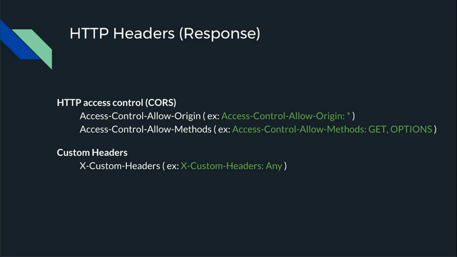The first one is Access-Control-Allow-Origin. It controls which domain or subdomain is allowed to access this URL with cross-origin requests. The second one is Access-Control-Allow-Methods, which controls what methods are allowed in cross-origin requests. Lastly, the developer can return any custom header with the response, usually prefixed with X-.